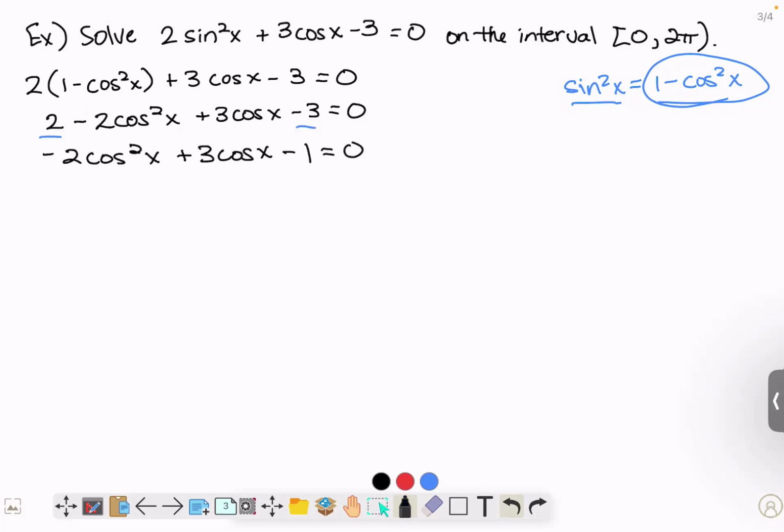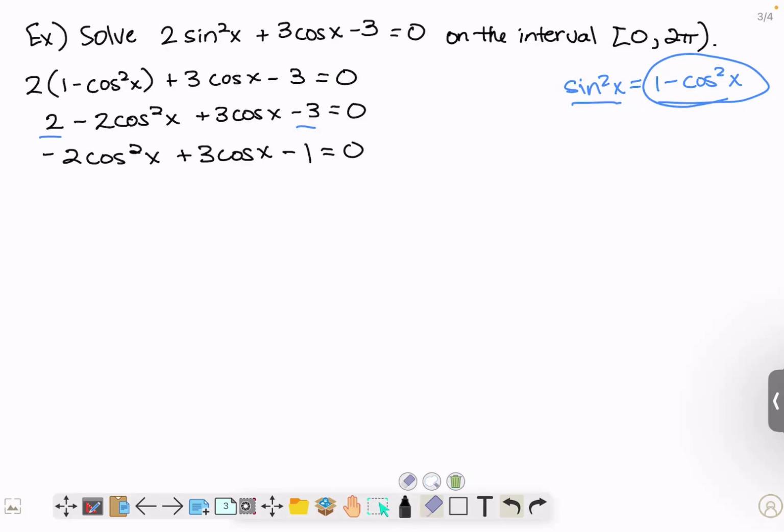still equal to 0. Okay, so now I have something that looks like a quadratic equation, and I want to try to factor it. Now, you can factor it from here, but it's much easier, in my opinion, to factor if your leading coefficient is positive. So I don't want this negative 2, I want to make it positive.